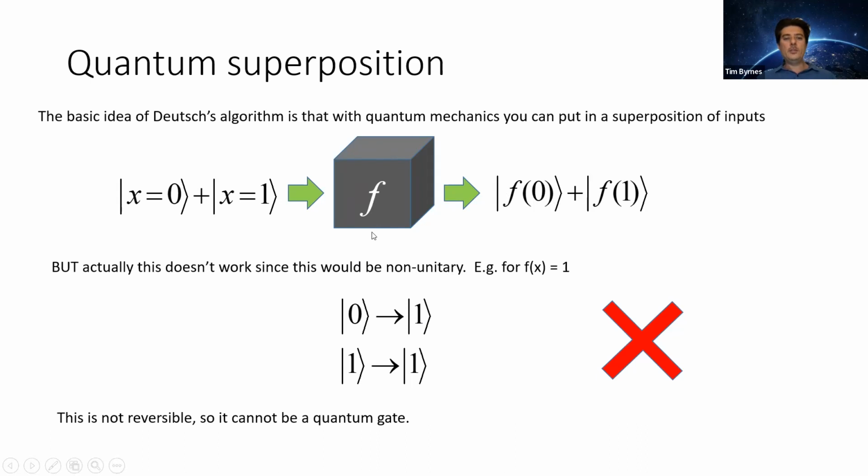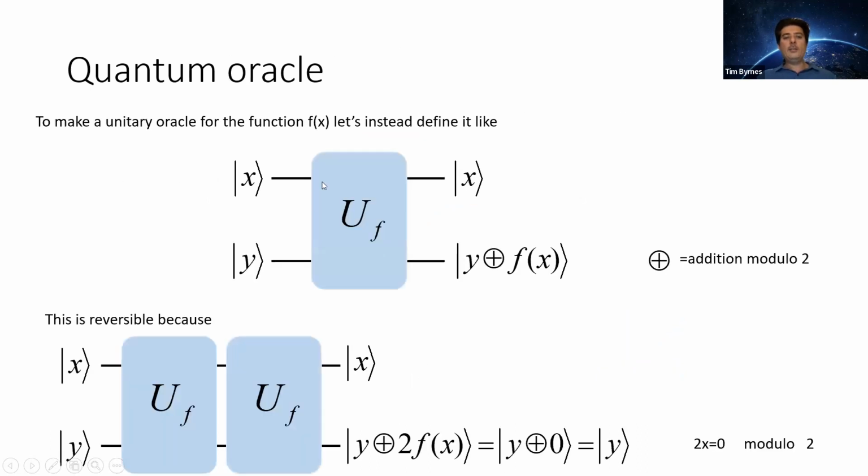I can get around that by adding a second qubit to it. It's a bit like that whole trick with the classical digital AND gate. It's not reversible, but I can copy one of the inputs and then make it a unitary gate. So this is a similar trick where I can make a reversible version of the oracle.